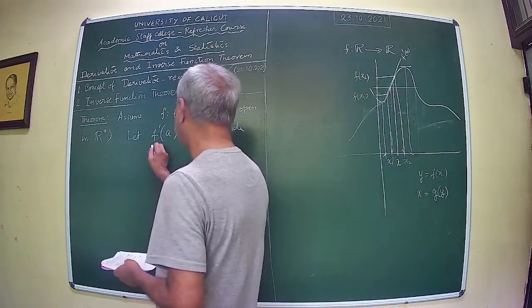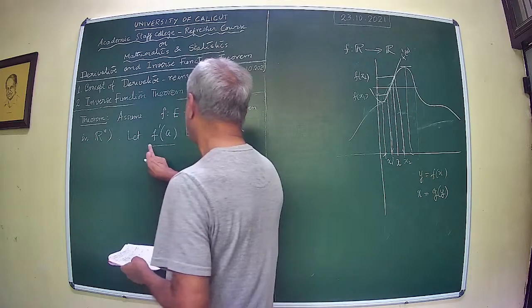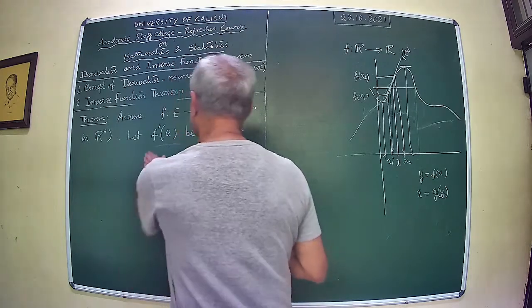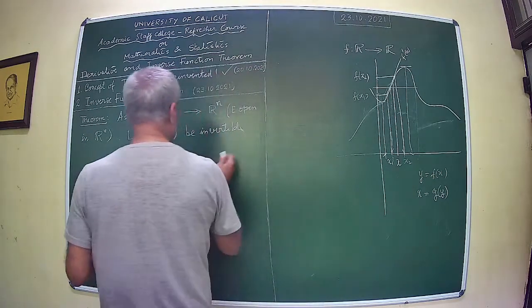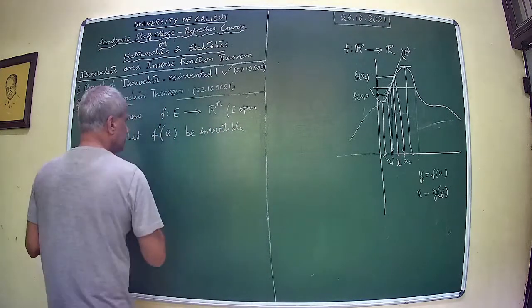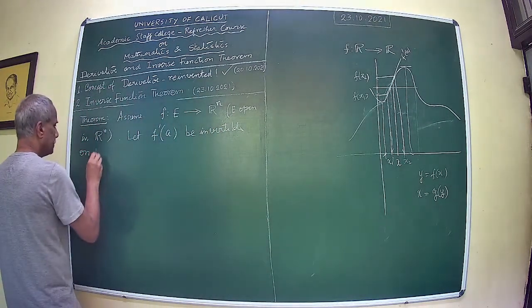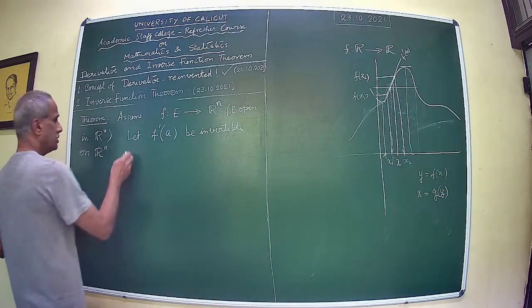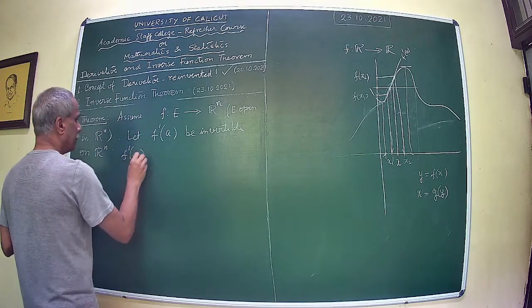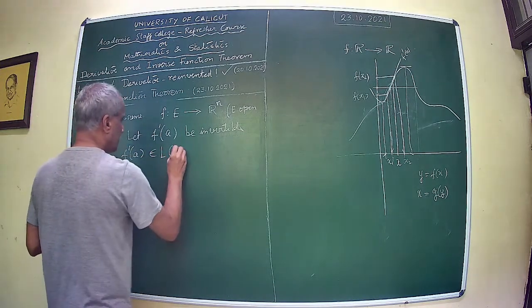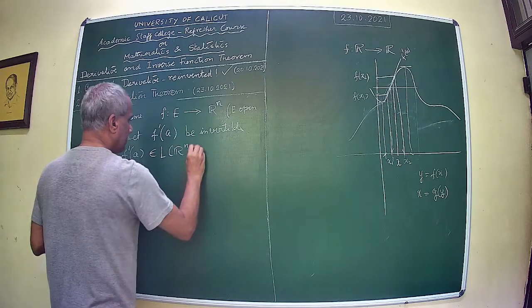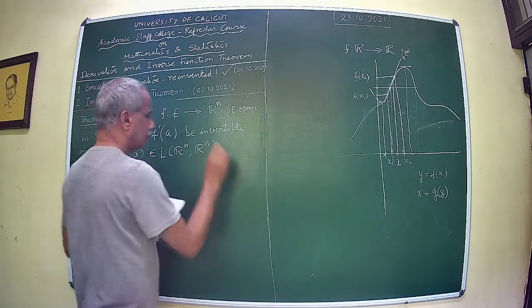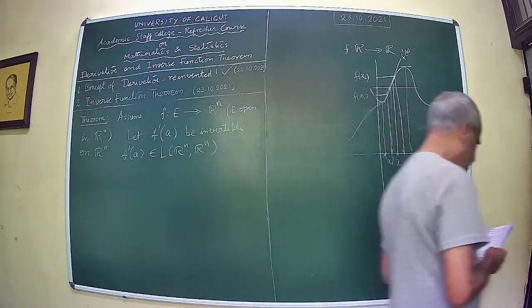So we have to replace that by this is an operator. So this operator is an invertible operator, because f derivative of a belongs to the space of maps from R into R. So we are talking about the invertibility.